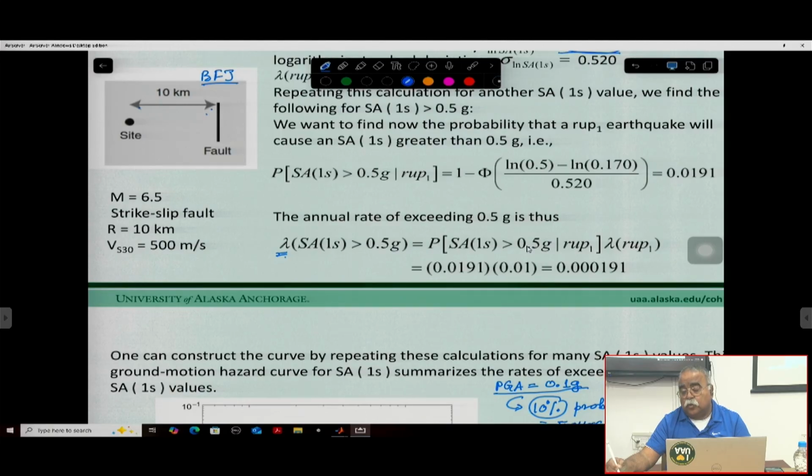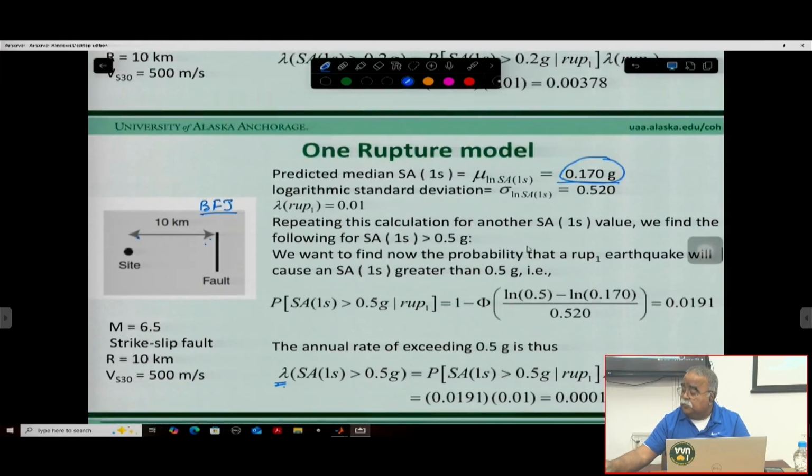We have calculated that for this fault, the predicted G value will be equal to this one. So that's what we have calculated for that site. And we said that the logarithmic standard deviation is this one also, and the overall lambda is 0.01.